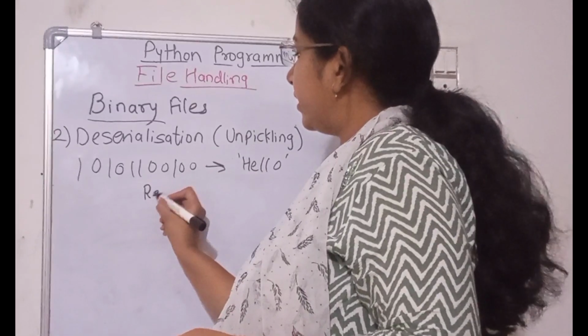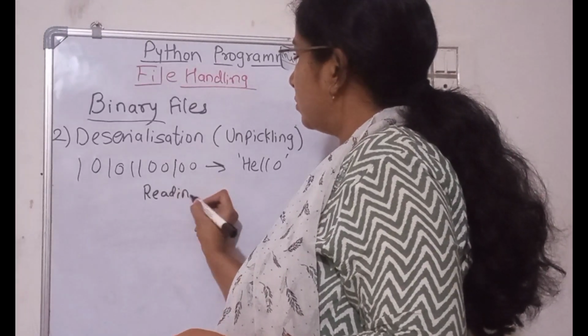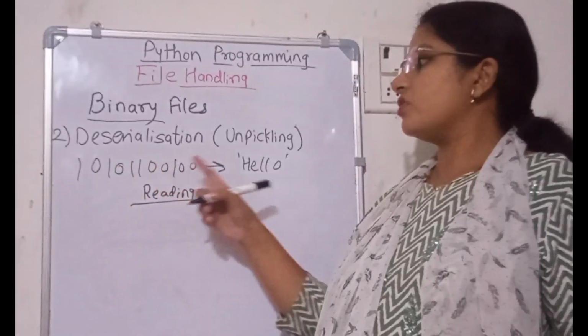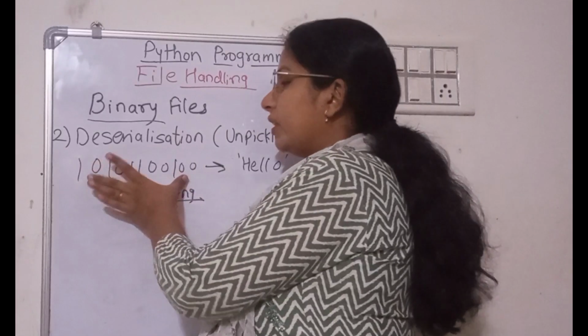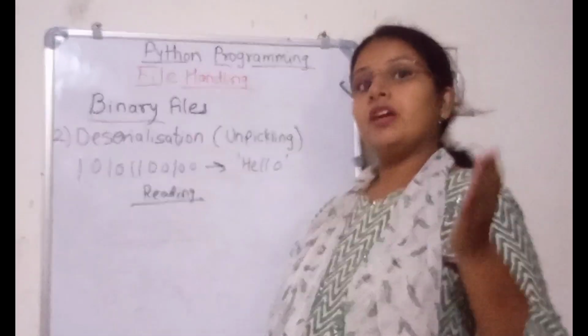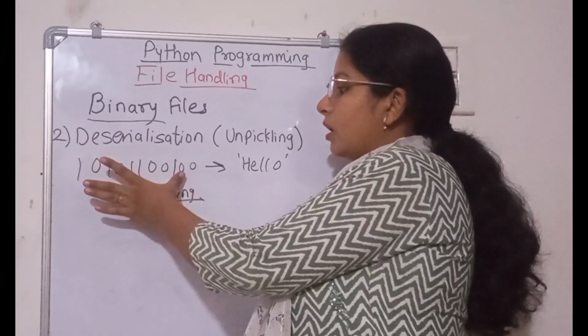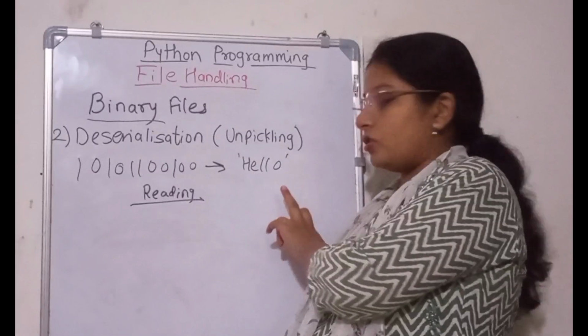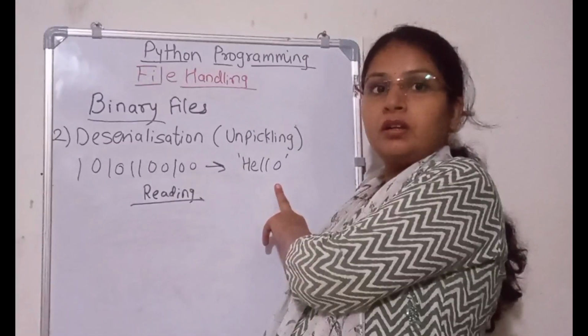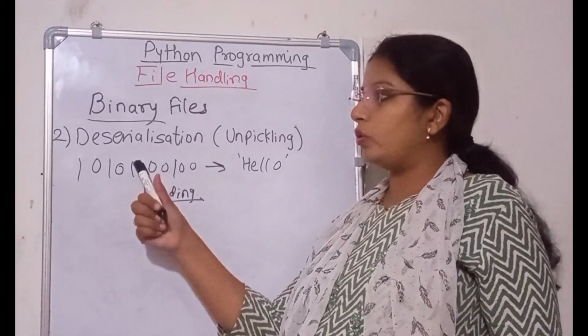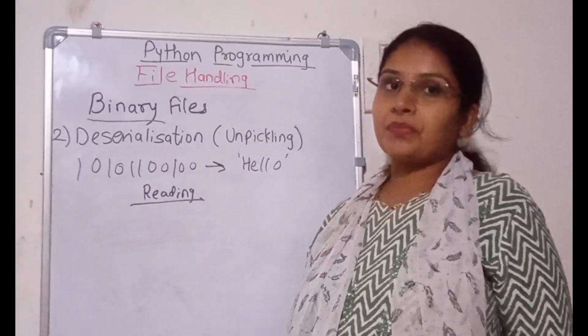When we are reading from the binary file, deserialization means we are taking the byte string from the file and deserializing that data to normal text. So that is your unpickling method. That means for the reading process we are going with the unpickling method.